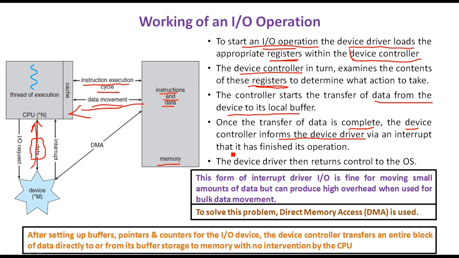Okay. So once the transfer of the data is completed, the device controller informs the device driver via the interrupt that it has finished its operation. Means with this interrupt, the device controller informs the device driver that the data loading is completed.